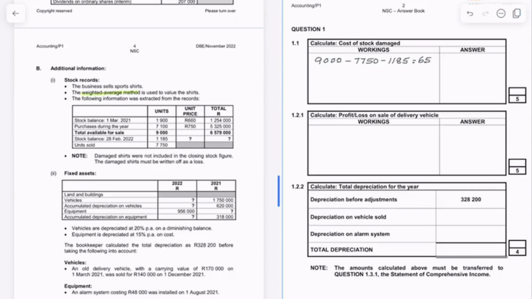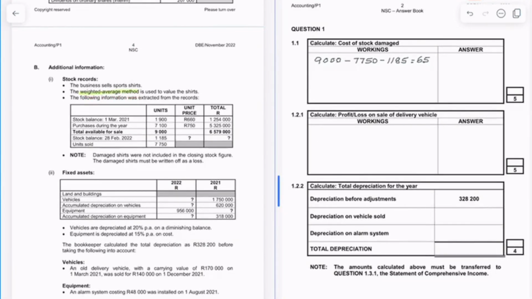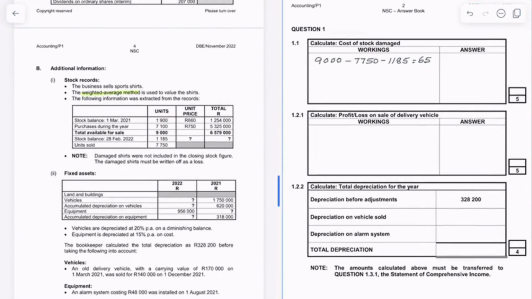Now we've got to value those shirts, and we've got to use the weighted average method. How do we do that? You take your value and you divide it by your number of units. So the value was 6,579,000. Divide that by your 9,000, and that is equal to 731.